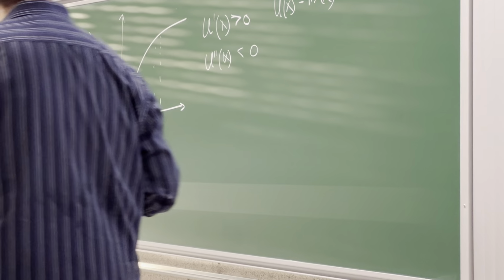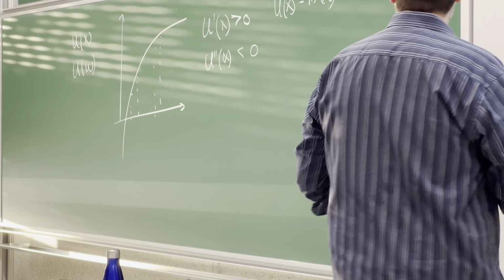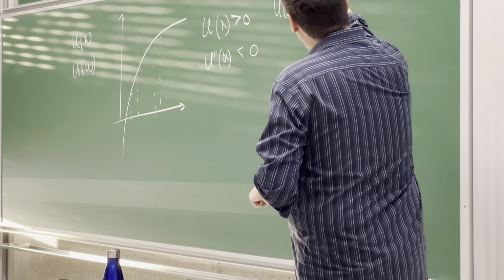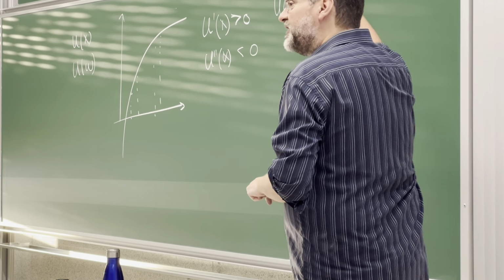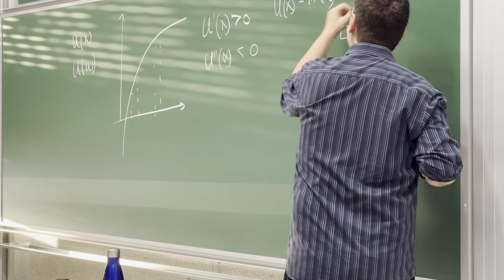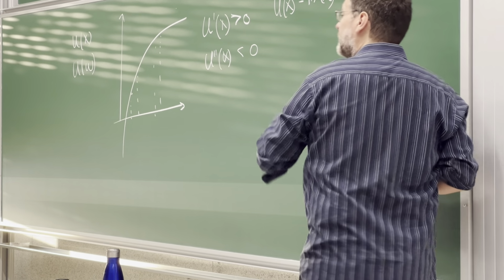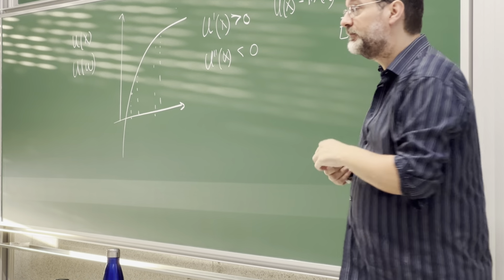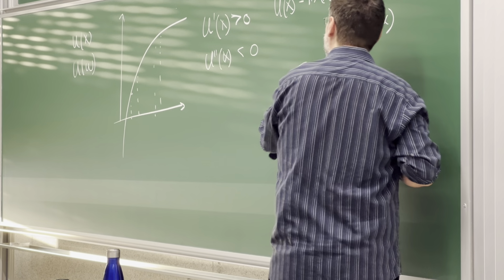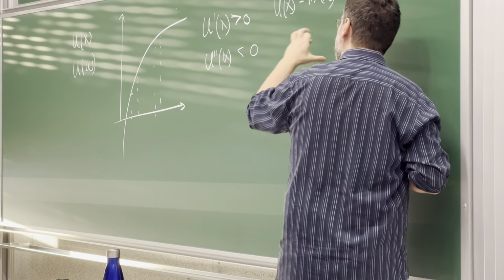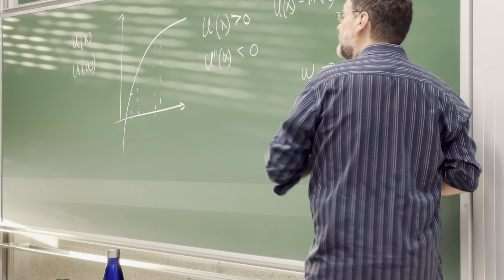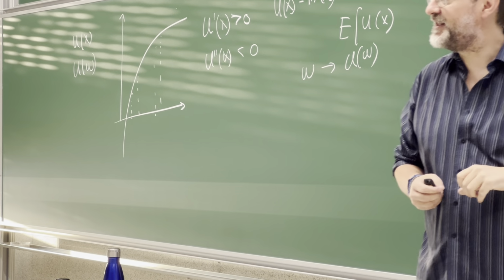What I'm saying then is that you will not process information of the game in these terms, but make decisions based on the expected utility. Because wealth is a random variable, the utility function that takes that wealth as an input is going to be a random variable itself.